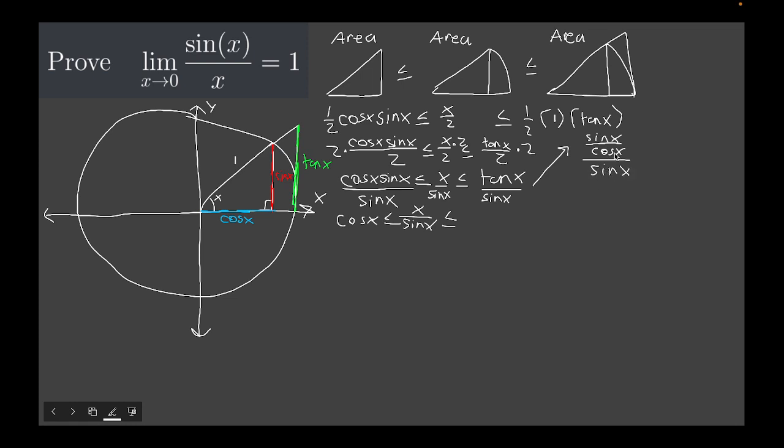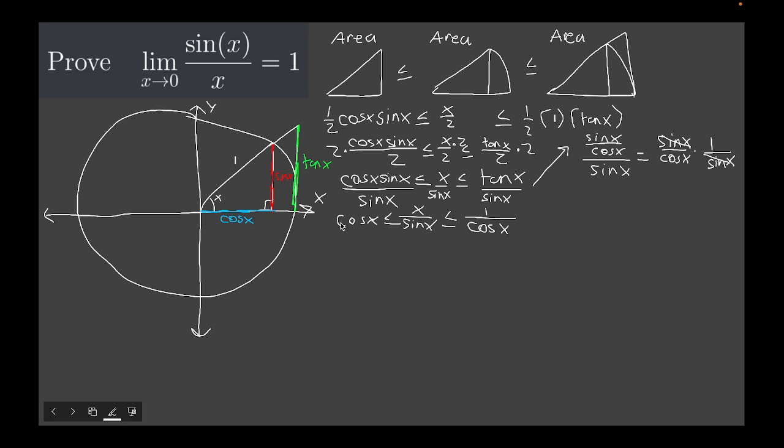So when you're dividing by a fraction, it's also multiplying by its reciprocal. So this whole thing is the same thing as sine of x over cosine of x times 1 over sine of x. And then the sine of x just cancels, so you're left with 1 over cosine of x.